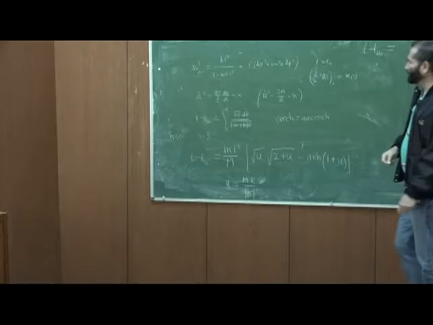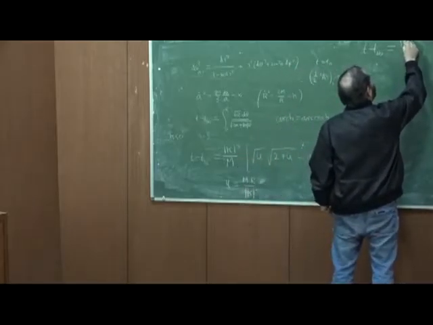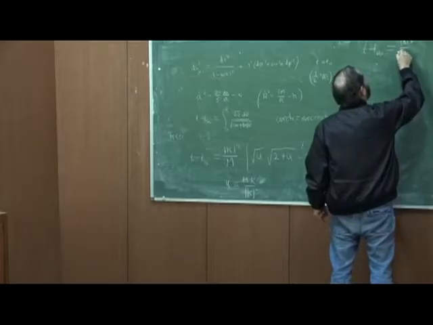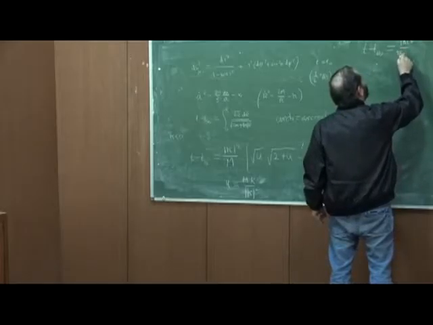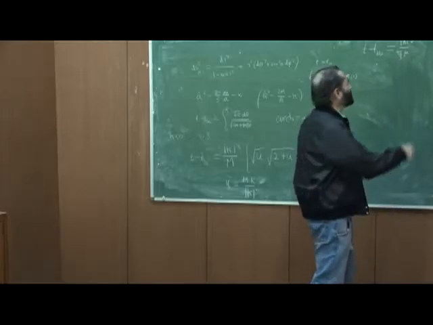Just make the substitutions. And here we get kappa to the 3 halves by 4 pi 3 mu, first term.